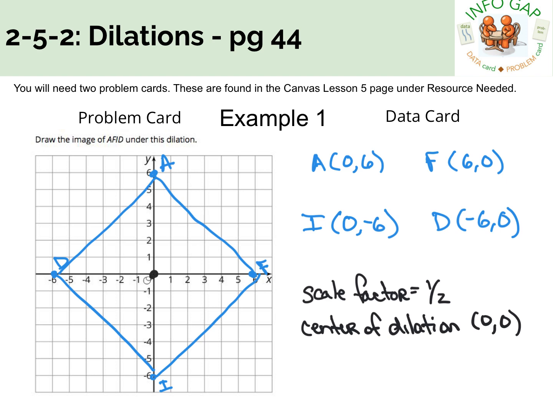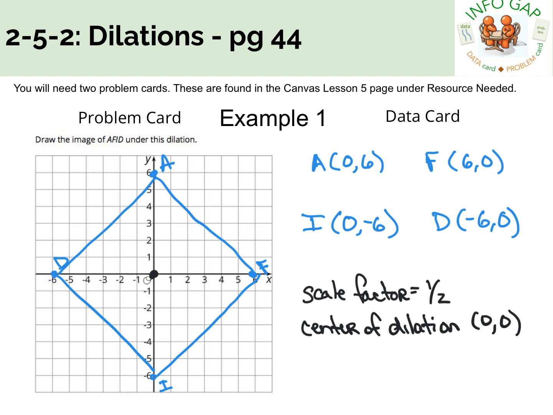So this is our scale factor. And what we want to do is count from our center of dilation and apply our scale factor. So going from our 0, 0 to F is 1, 2, 3, 4, 5, 6 steps. And we're going to take those steps and multiply by our scale factor.